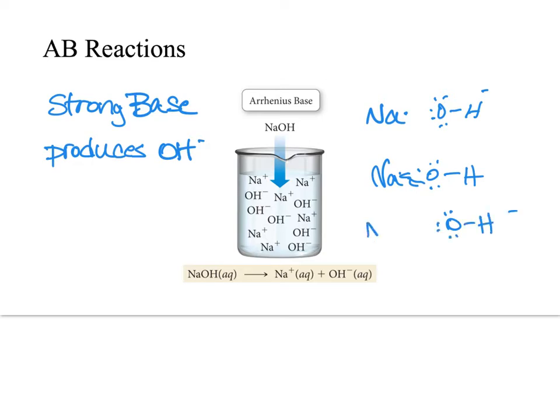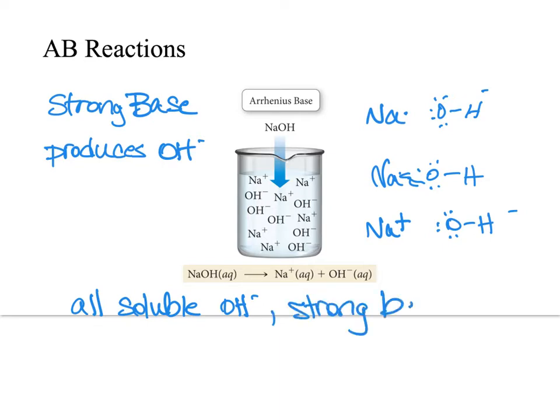So we get the formation of these 2 ions, sodium positive 1 and the hydroxide negative 1. So all soluble hydroxides are strong bases. We're going to focus more on acids for the majority of this section.